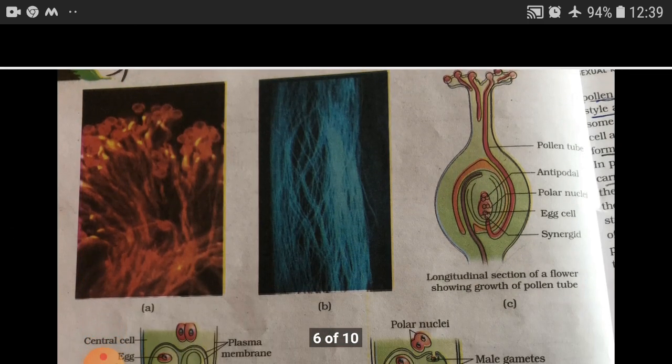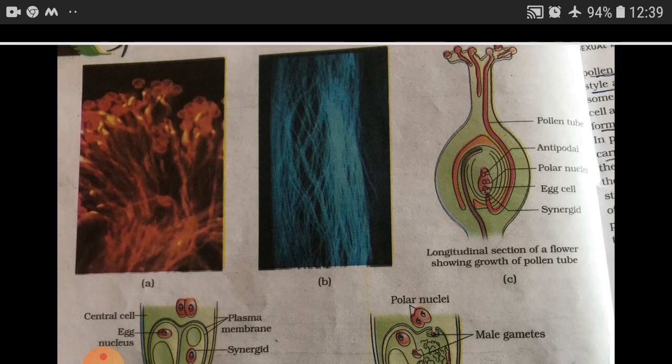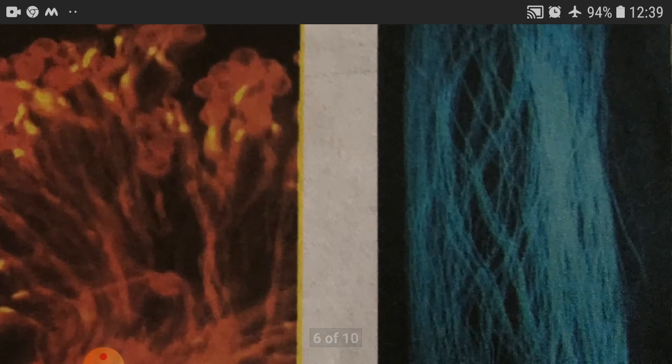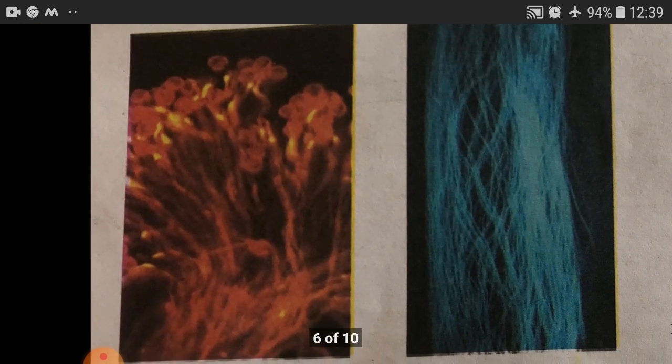If it is not compatible, then it is finished there, but if it is compatible, then it will lead to the formation of a proper pollen tube, and this pollen tube will then grow inside. So after germination, if it is the right type of pollen, then it will germinate on the stigma and produce the pollen tube. You can see this in diagram A. This is a photograph of the in vivo germination, which shows the germinating pollen grains on the stigma.